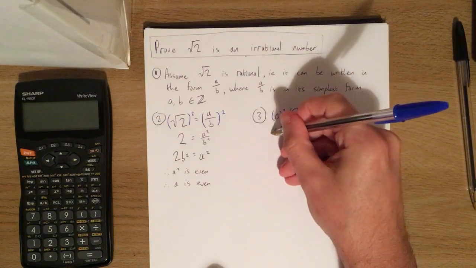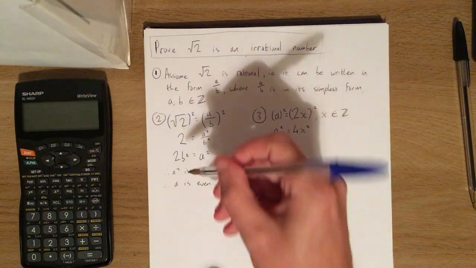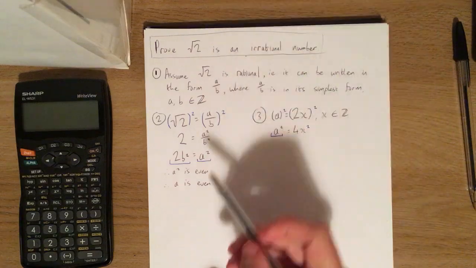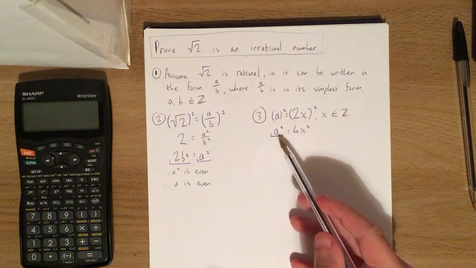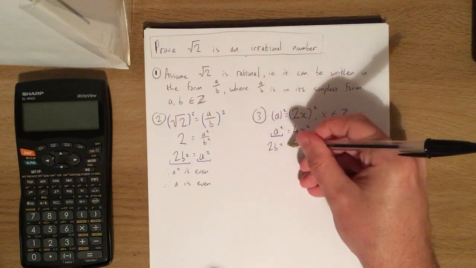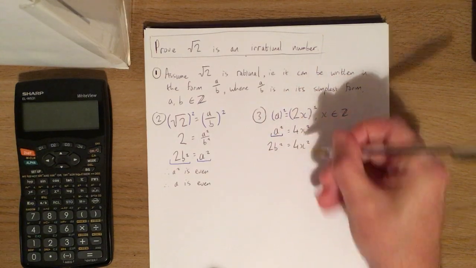Okay, so I have a squared here. I've already shown that a squared is equal to 2b squared, so I'm going to sub this 2b squared in instead of a squared. So 2b squared equals 4x squared.